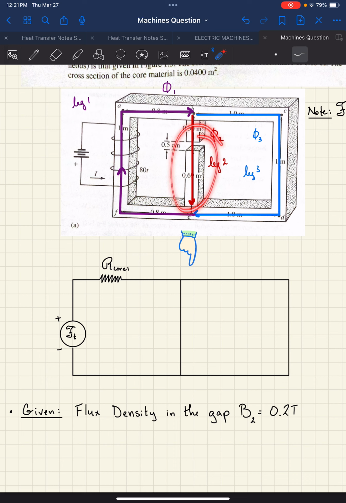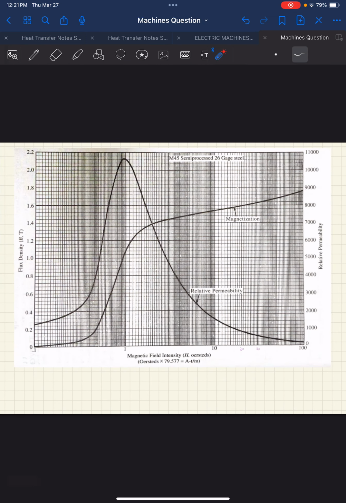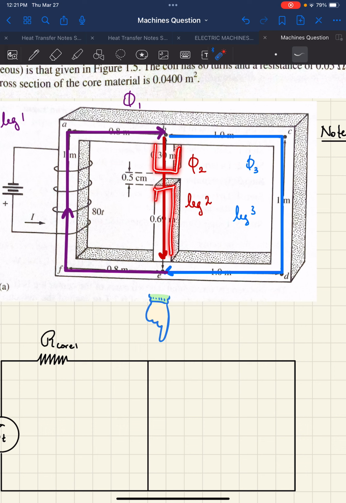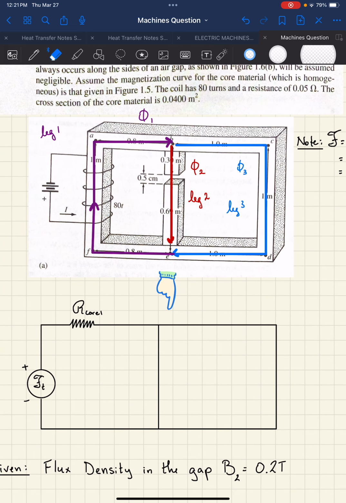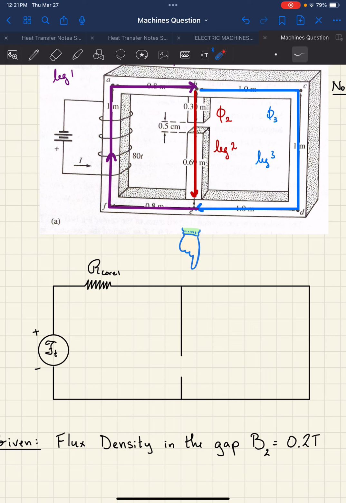Now, in leg 2, there are actually 2 reluctances. First is the reluctance of the iron core part itself, or steel, or whatever the material is. Here it says semi-processed 26 gauge steel. That's the first reluctance, and I'm going to write that down here. The second source of reluctance is the air gap. That's going to be the worst, basically, because magnetic field doesn't really like to flow in air.